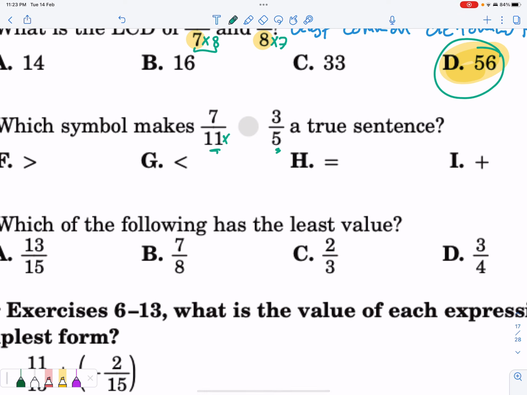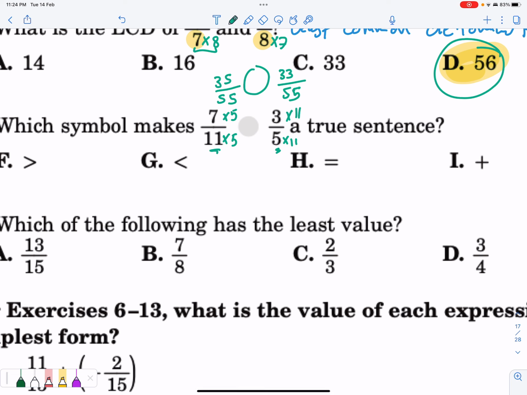So here I can multiply by 5 up and down, and here by 11 up and down. So here I will get 35 over 55, and here I have 33 over 55, I'm sorry.